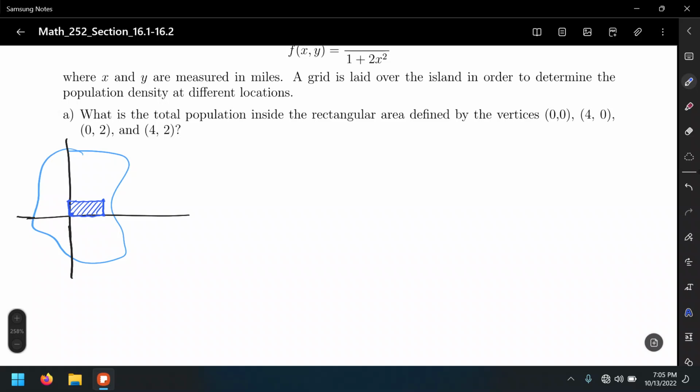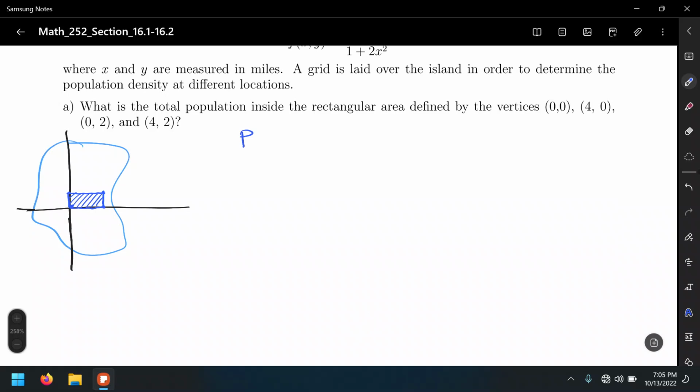All right. So number one, let's do one at a time. Let's find the total population by evaluating the double integral over the region R of 5,000 x e to the y divided by 1 plus 2x squared dx. Well, not dx, it's actually dA first of all.